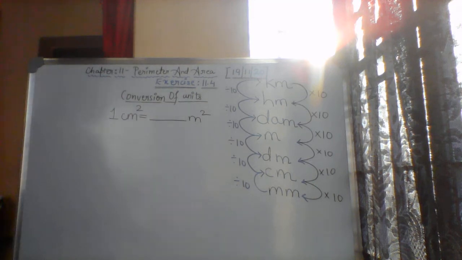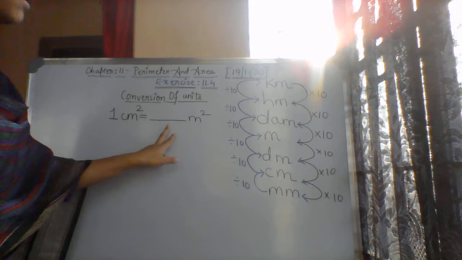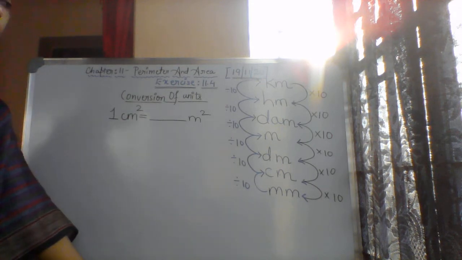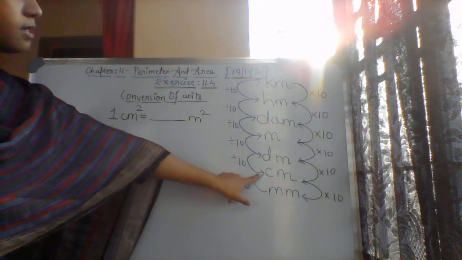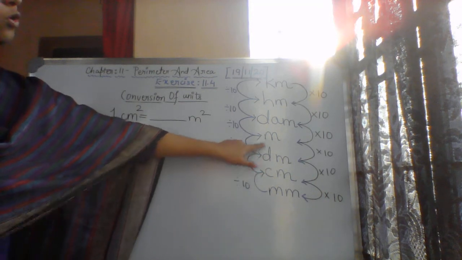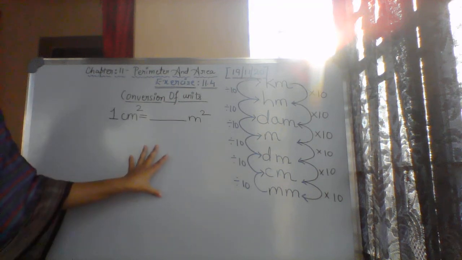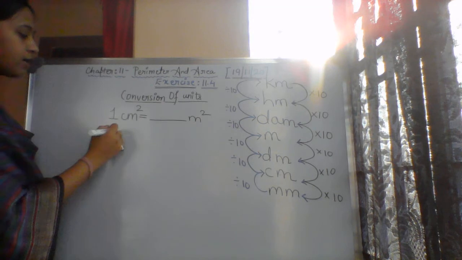Now, this example. 1 centimeter square equals to how much meter square? So here the conversion is from centimeter to meter, in the upward direction. Later on we are discussing that.